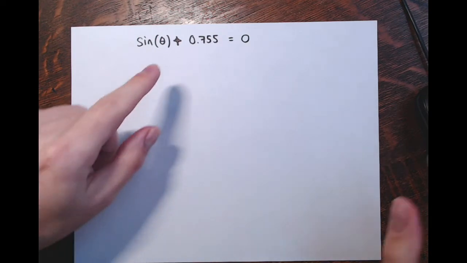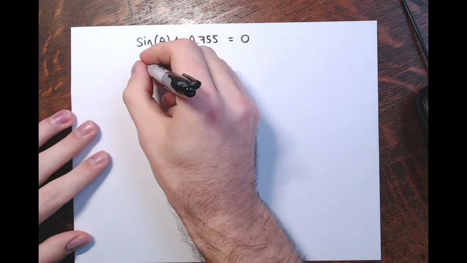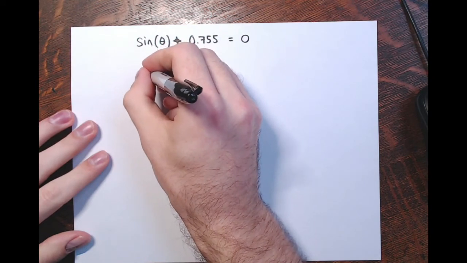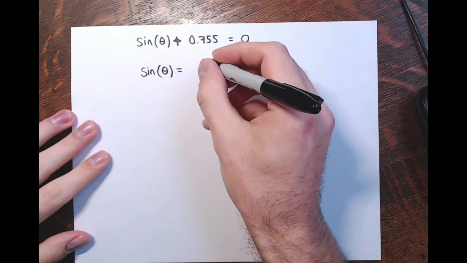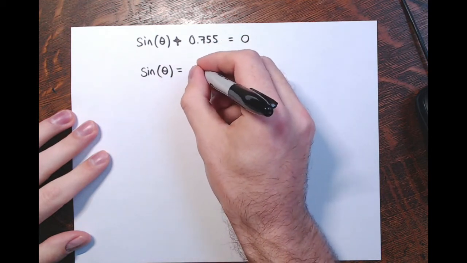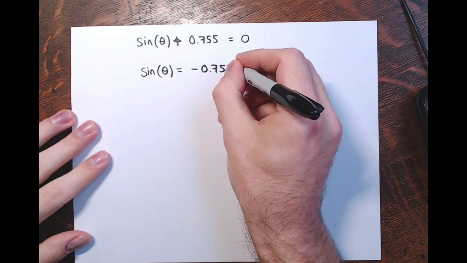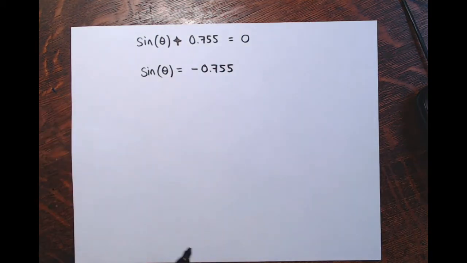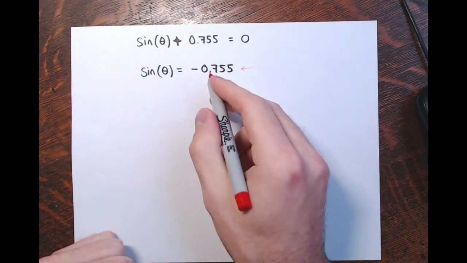So I would subtract 0.755 here, and that's all that needs to be done to get the sine alone. So the sine of theta equals negative 0.755.